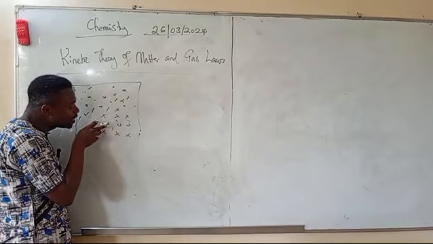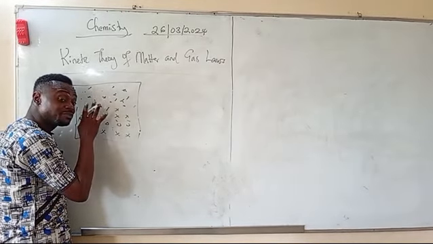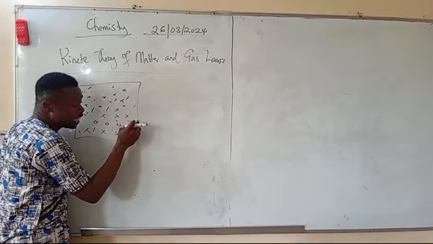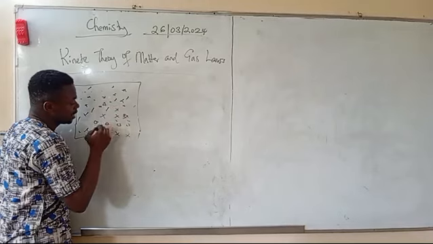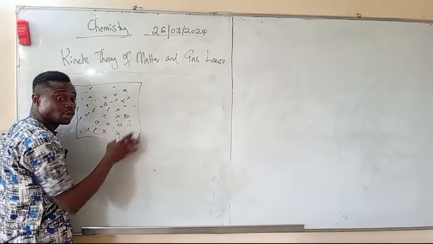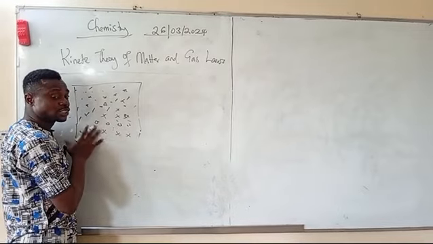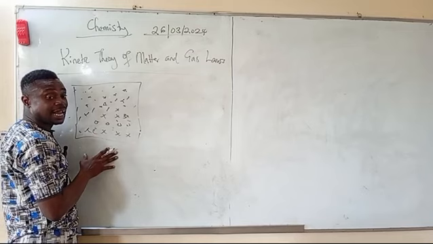Now, each of these gases has its own different pressure. When we use gas A, gas B, gas C, each of them exerts its own pressure: pressure A, pressure B, pressure C, pressure D. These pressures are known as the partial pressures.